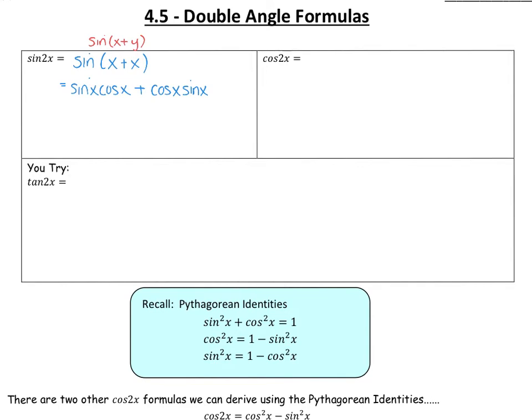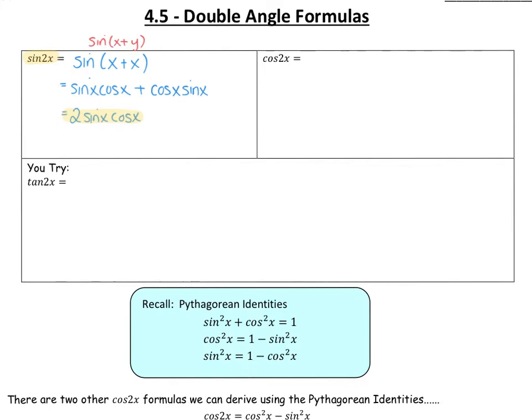So I'm just applying that compound angle formula from the other day. And hopefully you can see that those two terms are the same, so really I just have two of them, 2 sine x cos x. That's our first double angle formula. So the first double angle formula is sine 2x equals 2 sine x cos x.